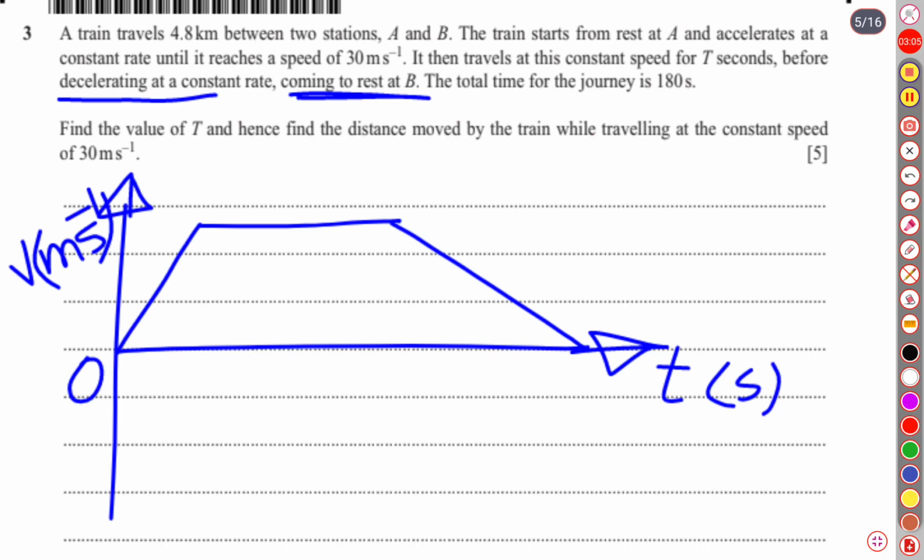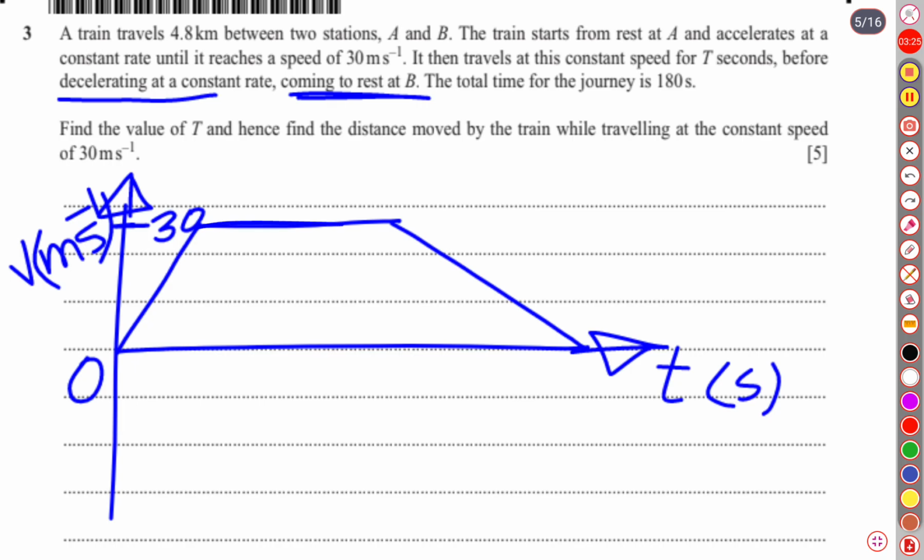So, which one is our t? It first goes up to 30 meters per second, so here it is 30. The velocity is 30 when it was accelerating at a constant rate.